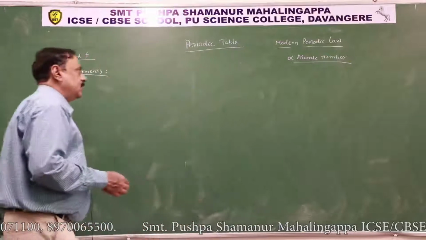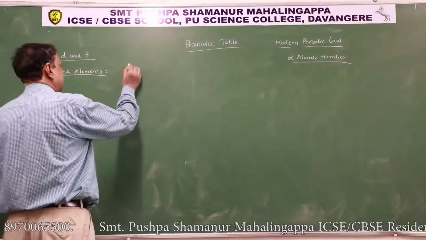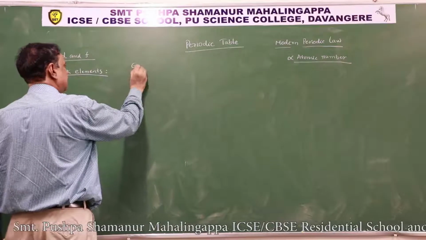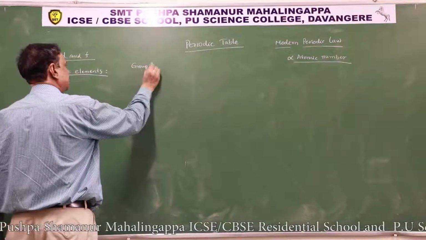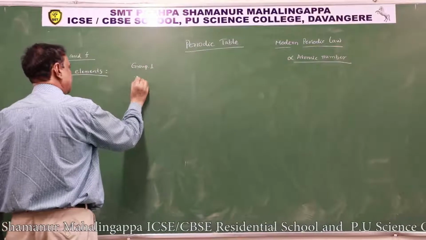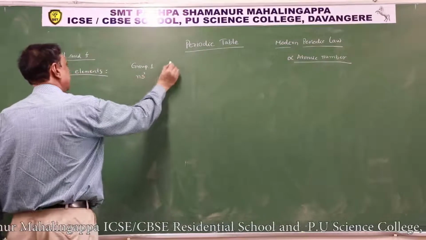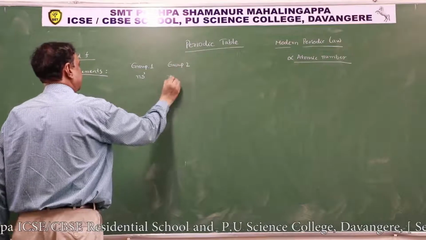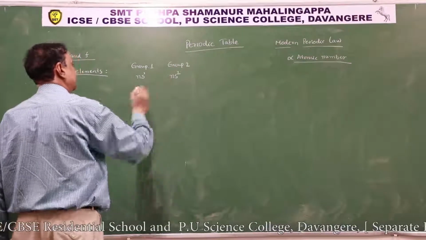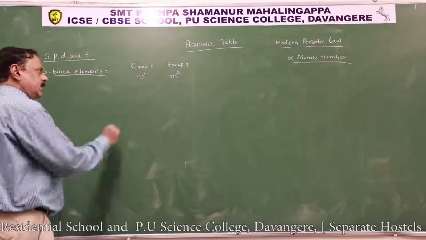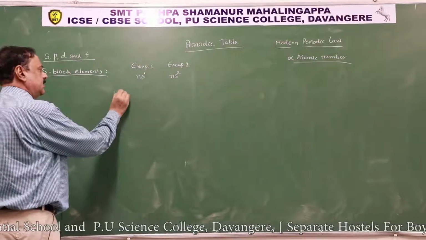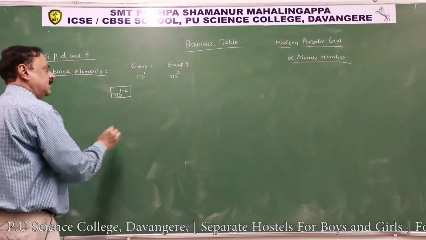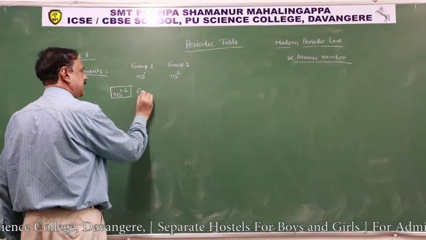They are represented by the general electronic configuration: for group number 1, the general electronic configuration is ns1. For group number 2, it is ns2. Therefore, ns1 to 2. This is the general electronic configuration of S block elements.